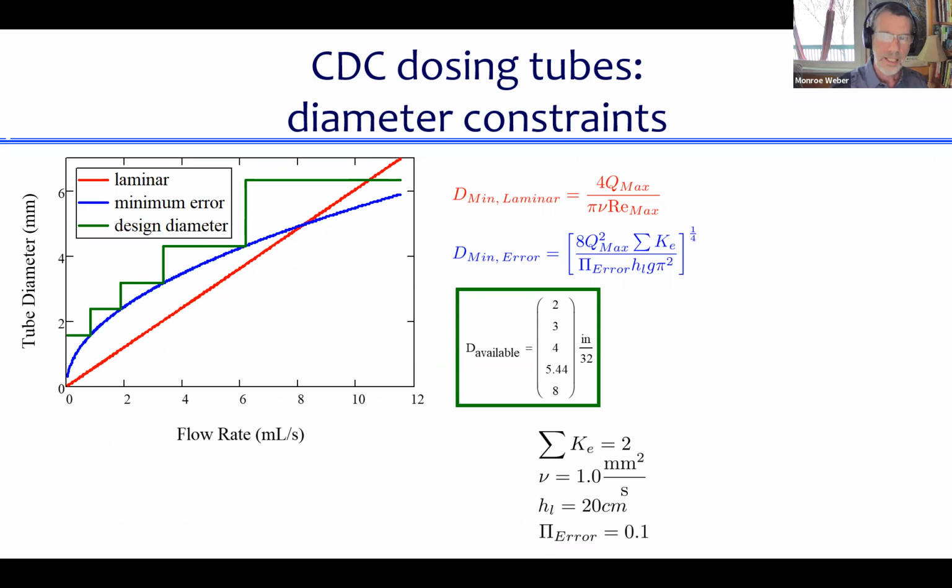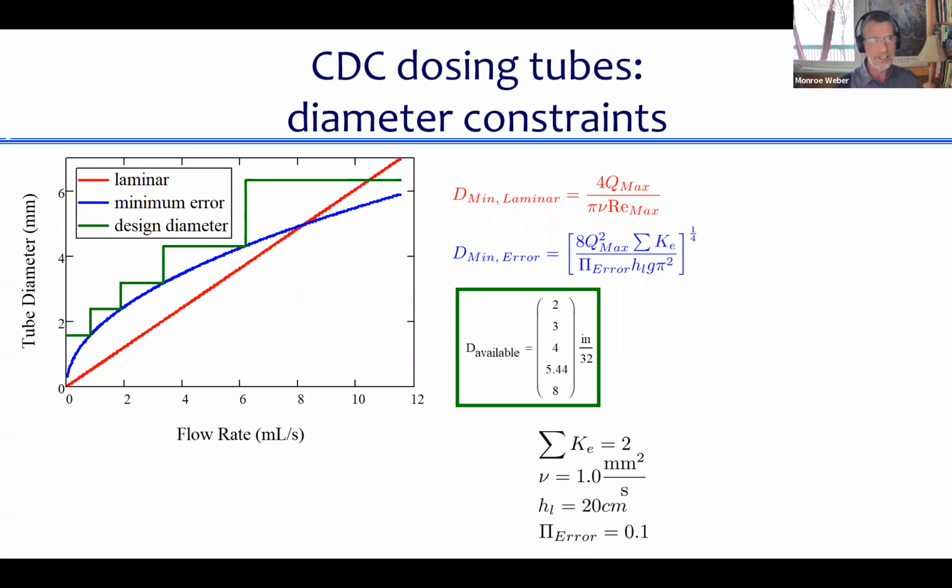And so the minimum diameter that's required to get you a low enough minor loss is also a minimum. So that's plotted there in blue, and we need to be above the blue line. And what's interesting about that is that for the range that's of interest, the blue line dominates. So that was what we hadn't initially realized when we were creating this design. Blue line dominates. That's the real constraint. It's not the laminar flow that's the constraint. It's keeping the minor losses small. That is the real constraint.